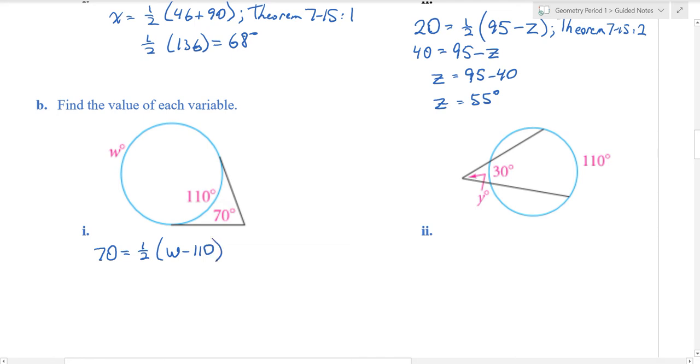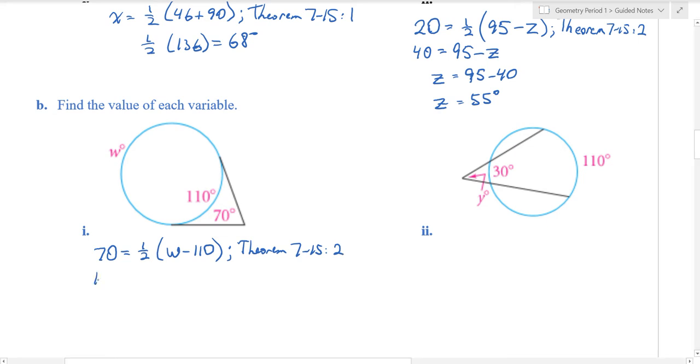Okay, so now that we have that, and this is true because of Theorem 7.15, case 2, then we go ahead and, actually not distribute, we have that 1/2 here, so we're going to get rid of this 1/2 by multiplying both sides by 2.